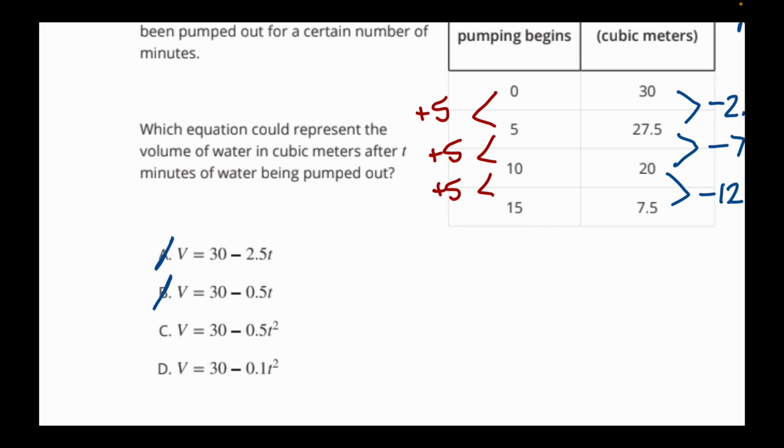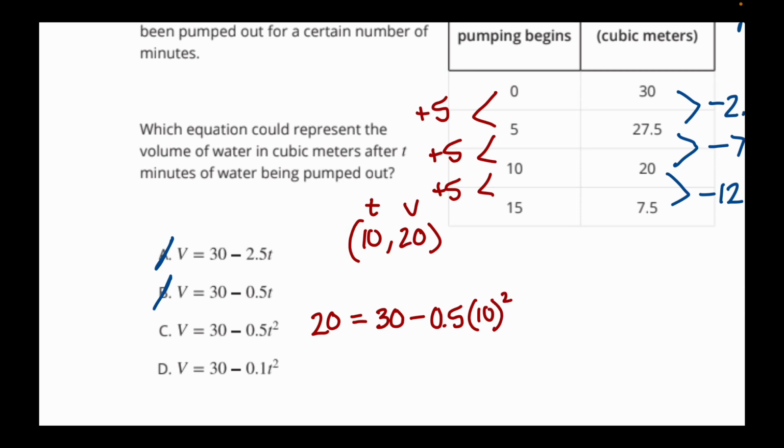I'm going to use 10 comma 20, and this is t and v. So I want to know, is 20 equal to 30 minus 0.5 times 10 squared?